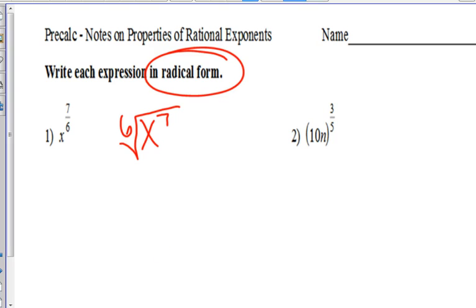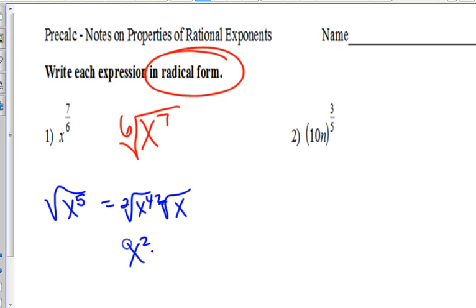So if we had the square root of x to the 5th, you would say that's the square root of x to the 4th times the square root of x, which is x squared times the square root of x. Okay, you just want to cry right now?